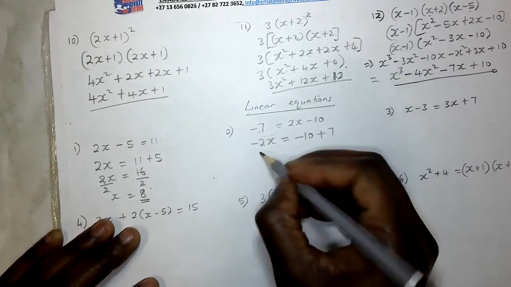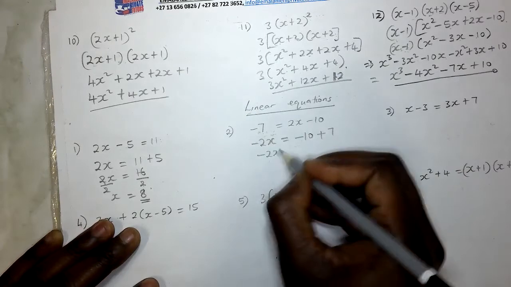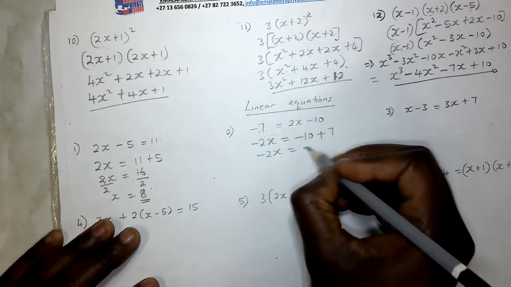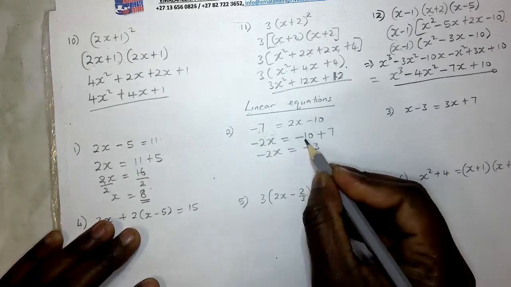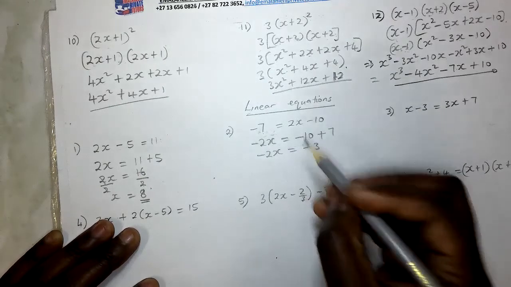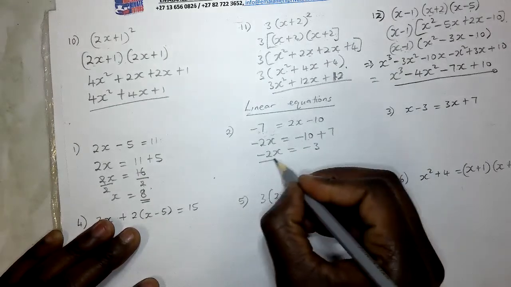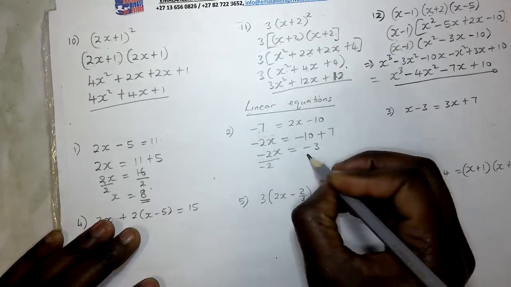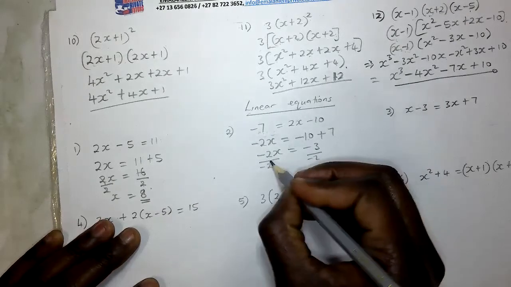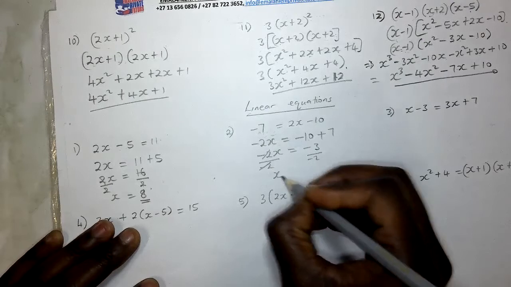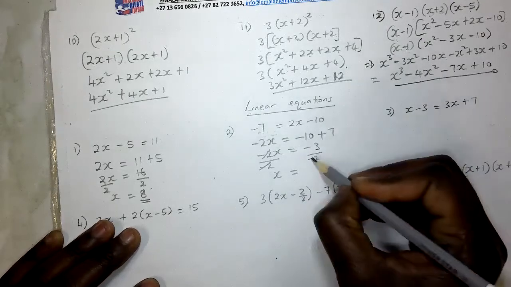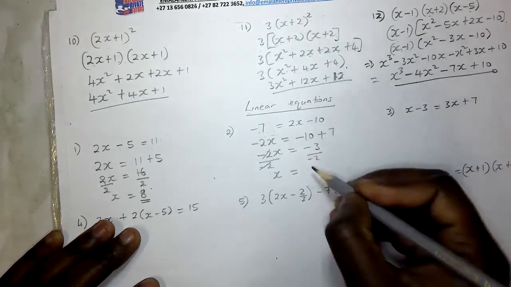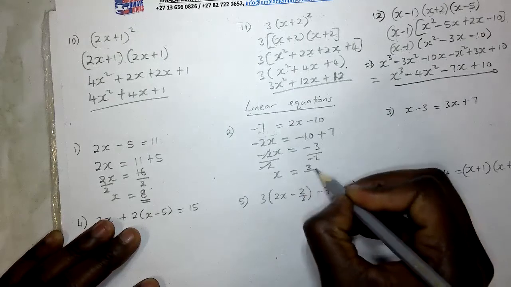Then we have negative 2x is equal to negative 3, because the negative is carried by the bigger value. Then we divide both sides by negative 2. Then here it cancels. We are left with x. Then it's going to be equal to negative cancels. Remember, guys, then we get 3 over 2.